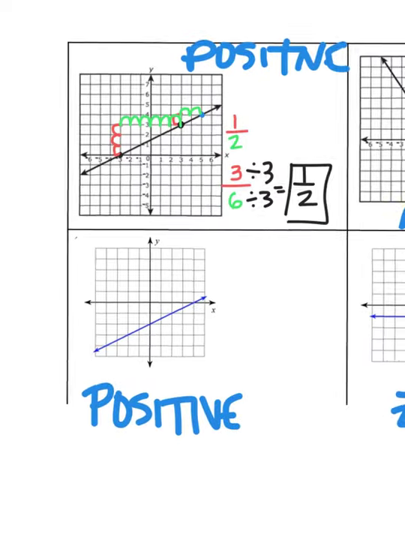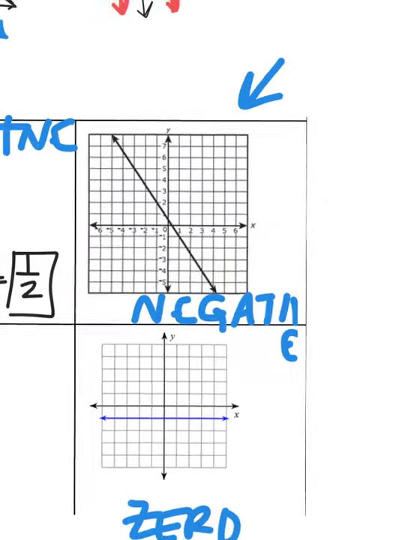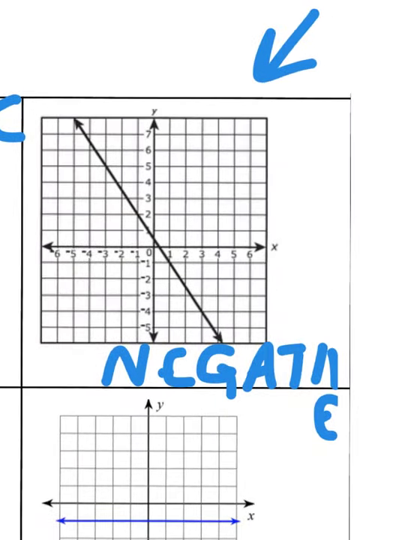All right, let's try a negative one now. So I'm still going to start by finding 2 good points. I'm going to pick this one and this one. And I'm doing rise over run, but I notice immediately this one's not rising, it's going down. That's okay. So I'm going to go 1, 2, 3.